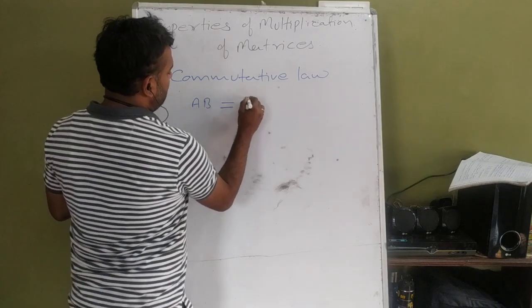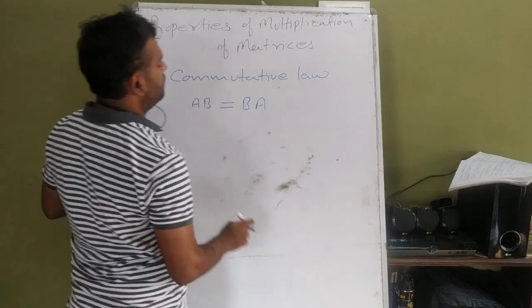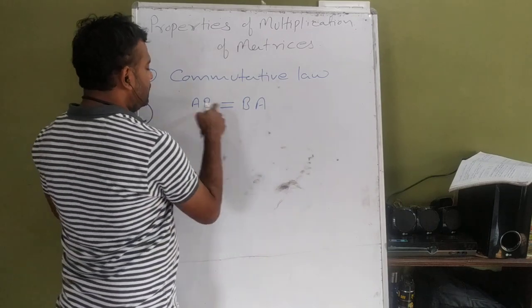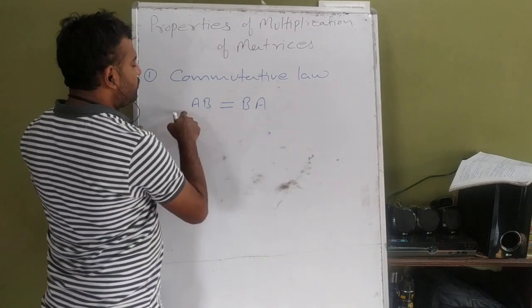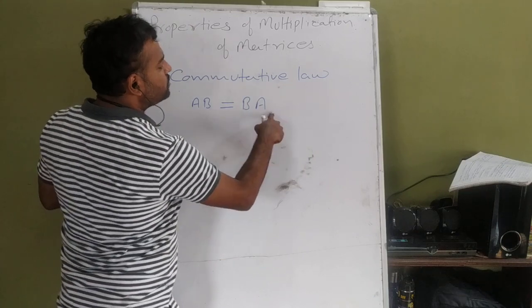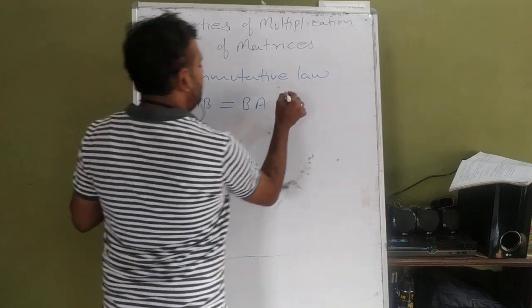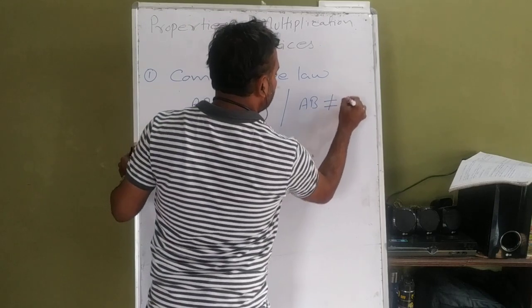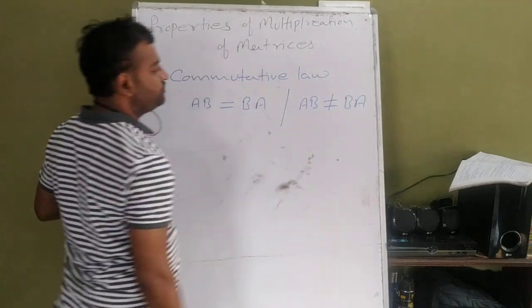For two matrices, AB can be equal to BA. It can also be possible that AB is not equal to BA.